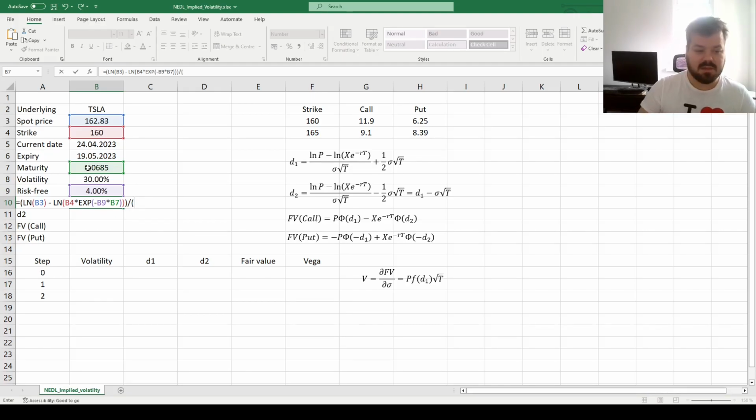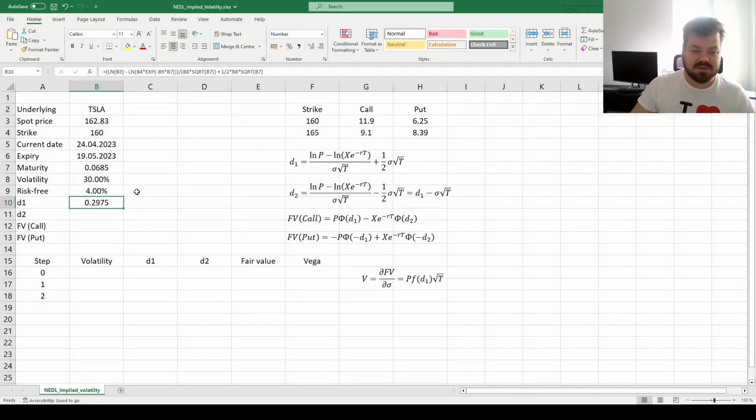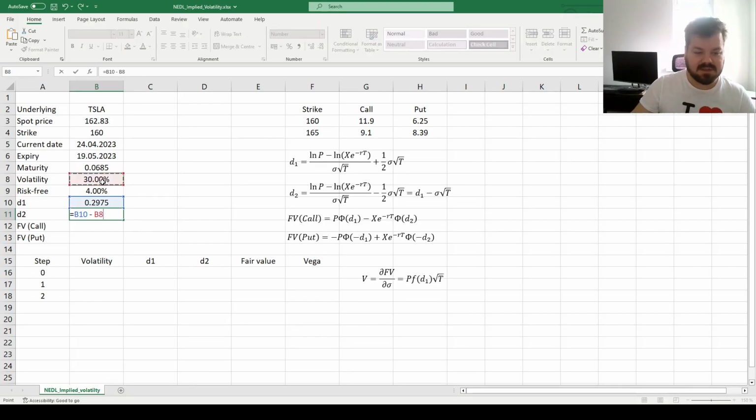In the denominator, we'll have the volatility times the square root of maturity. For D1, we add half of volatility times square root of maturity. And for D2, we need to subtract it. So we can either copy this formula and change this plus sign into a minus sign, or we could simply subtract volatility times the square root of maturity from D1, which will give us D2.